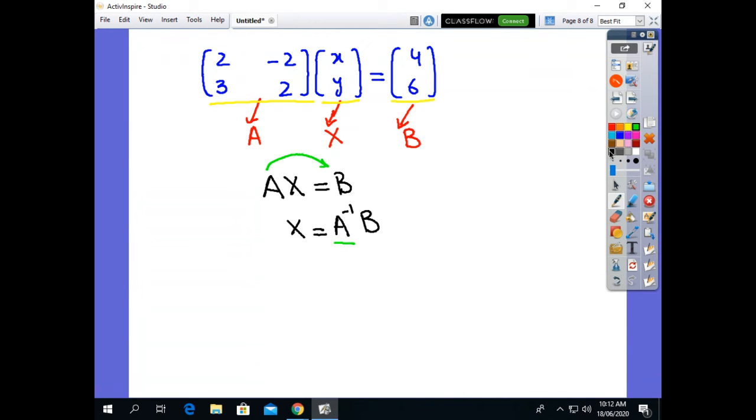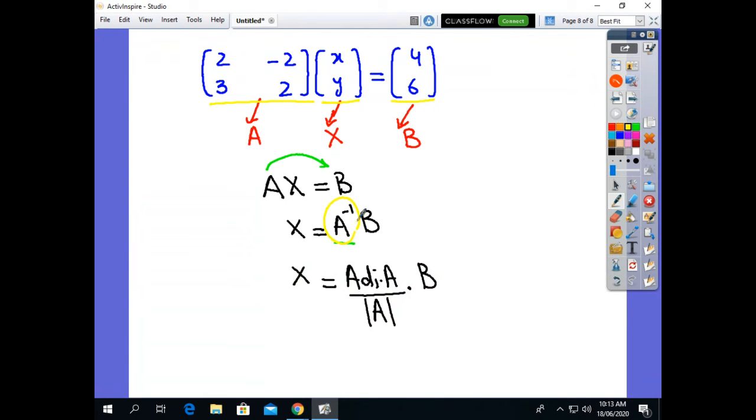Now by the definition of the inverse of a matrix, X is equal to adjoint of A divided by determinant of A, into matrix B. This method of solving these two simultaneous equations is called the inversion method, because we use the inverse of a matrix in this method.